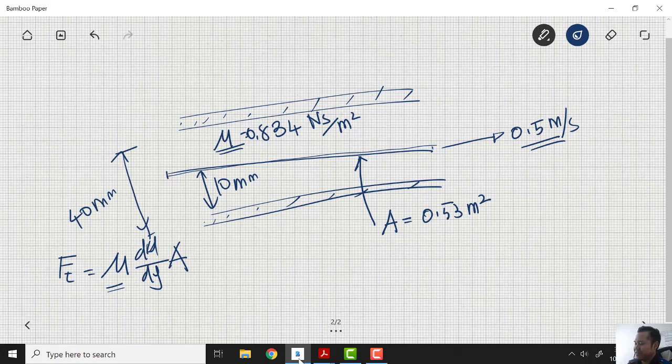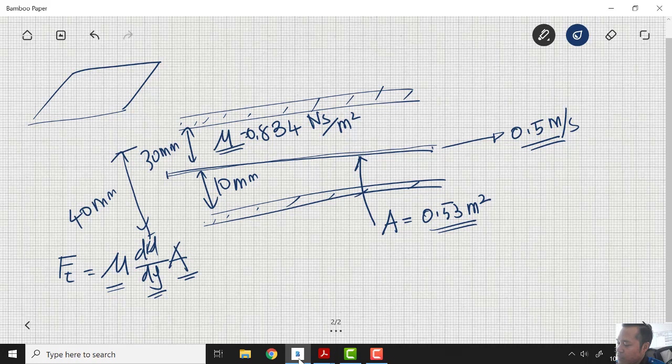A, the area, is already given to us, 0.53 meter square. But for dy, you have 2 dy. Why do you have 2? We have 10 millimeter and 30 millimeter. Why do we have 2? Because the plate has an upper surface 1 and a bottom surface 2.